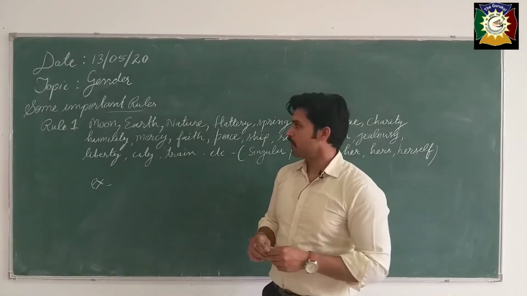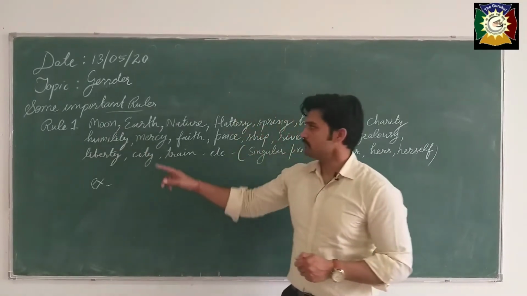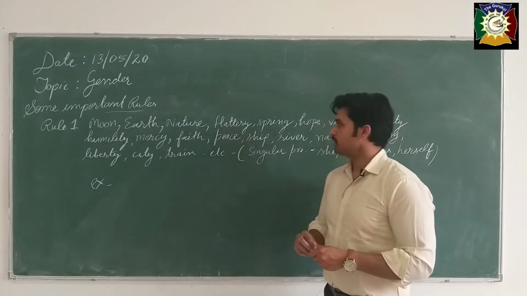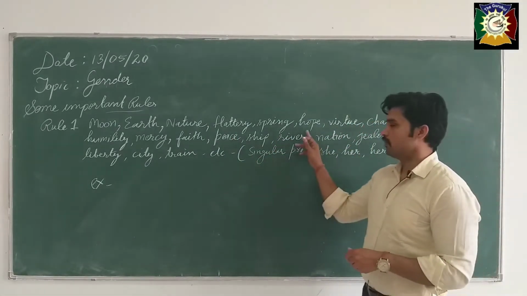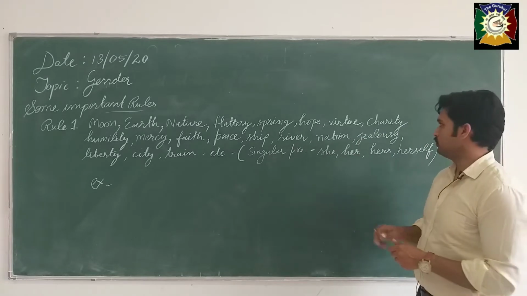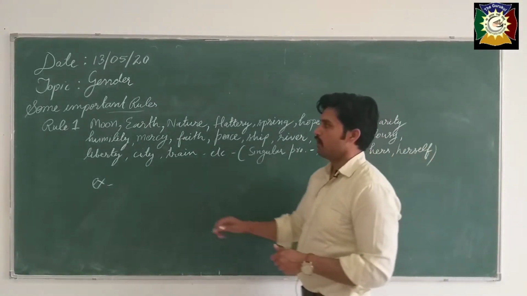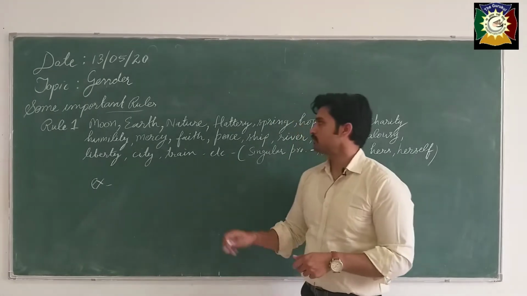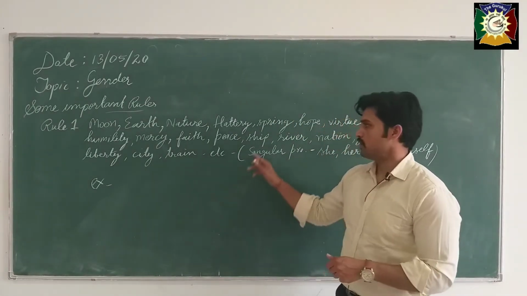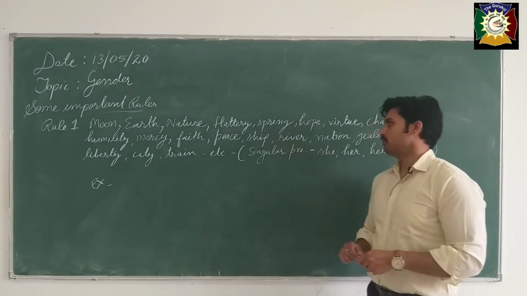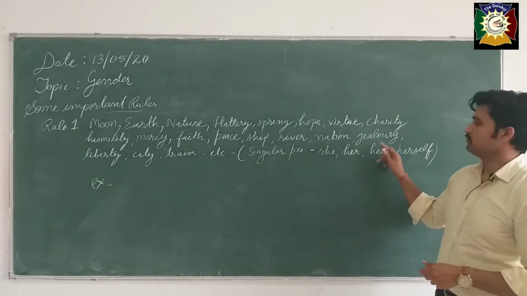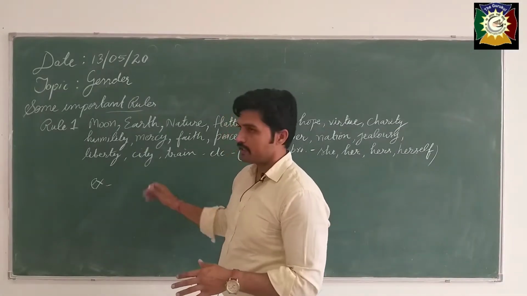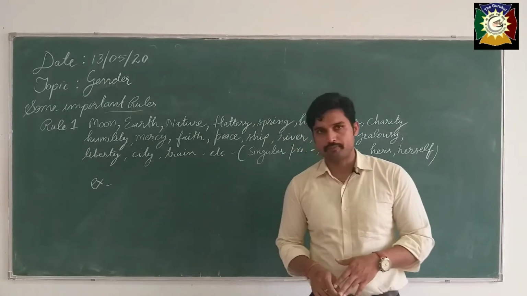Look at them: moon, earth, nature, flattery, spring, hope, virtue, charity, humility, mercy, faith, peace, ship, river, nation, jealousy, negative word, liberty, city, and trade.